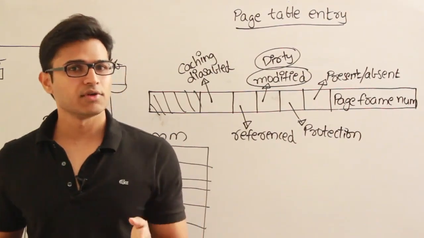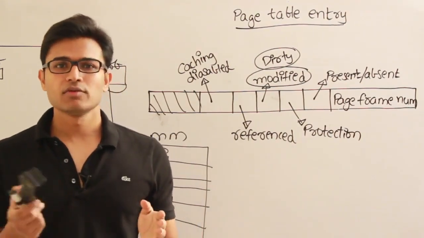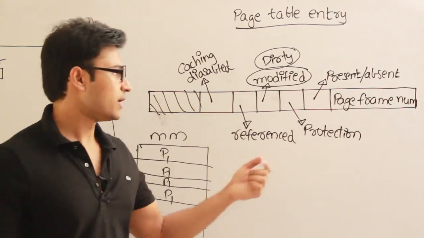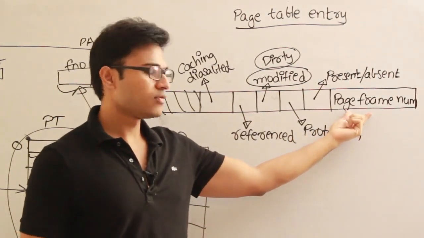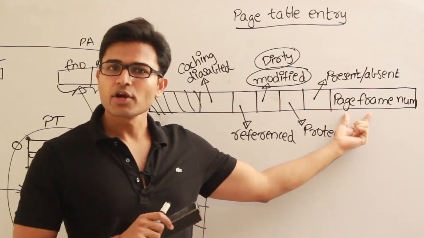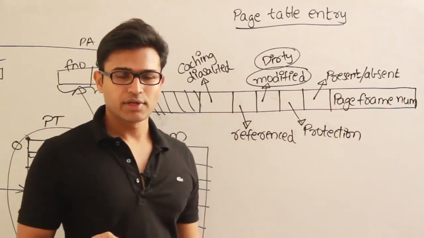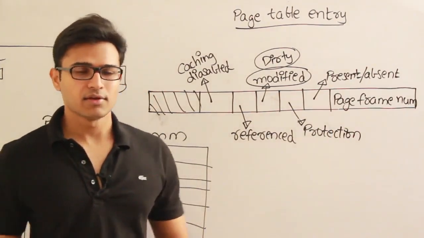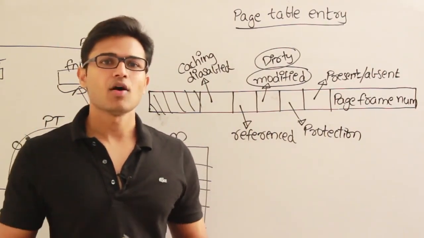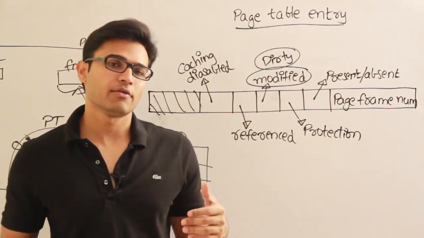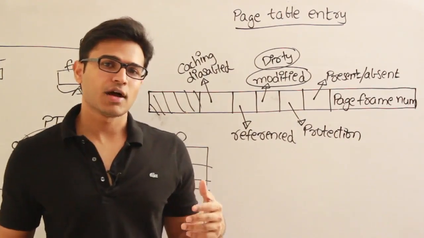Till now, the questions we have solved assume that there is no extra information present in the page table entry. That is why I took the page table entry size equal to the page frame number size, but that is not always right. So there can be some questions possible like this. They will say that the page table entry size is so and so. Then how many bits would have been given to the other bits?